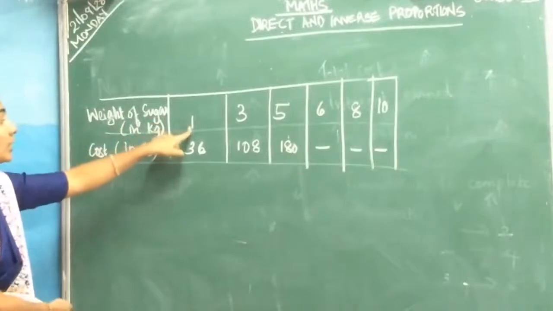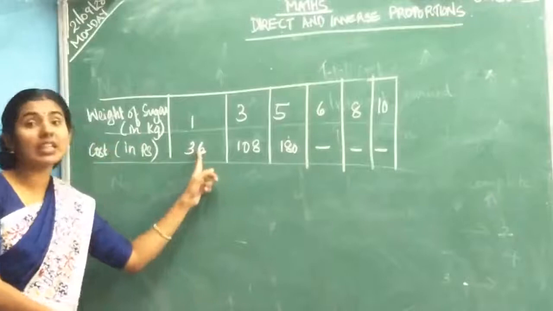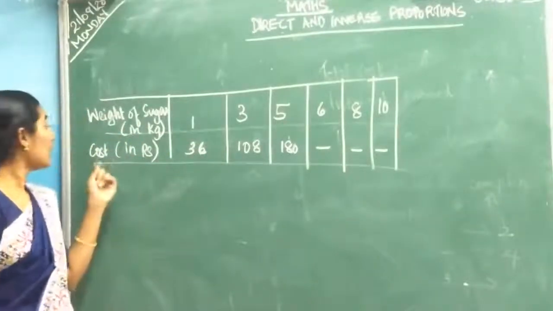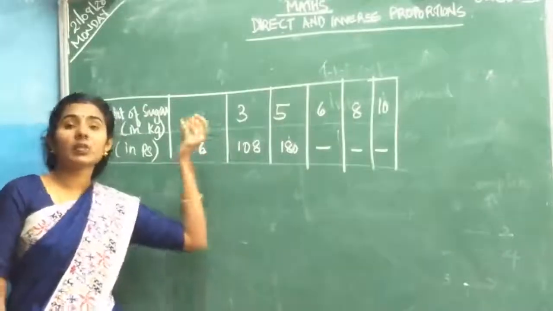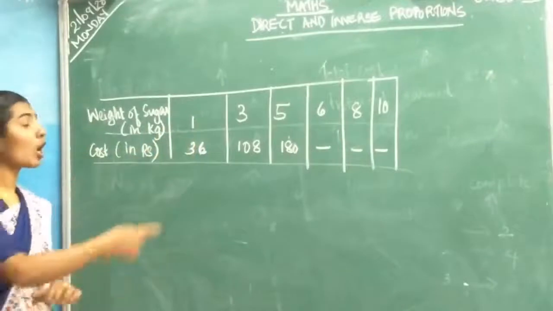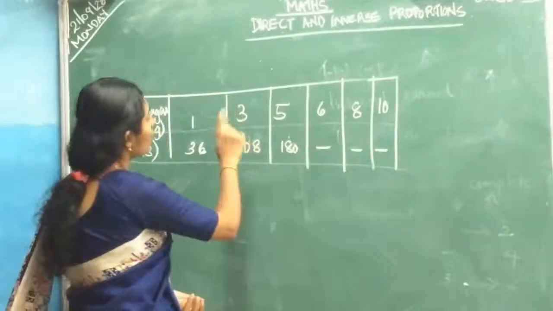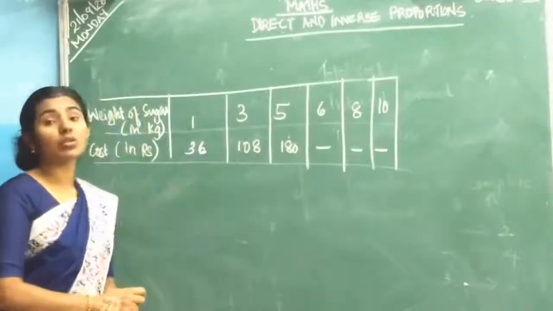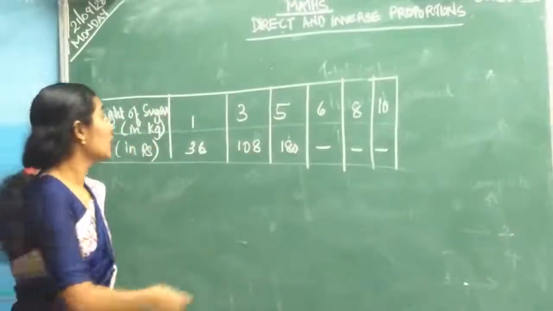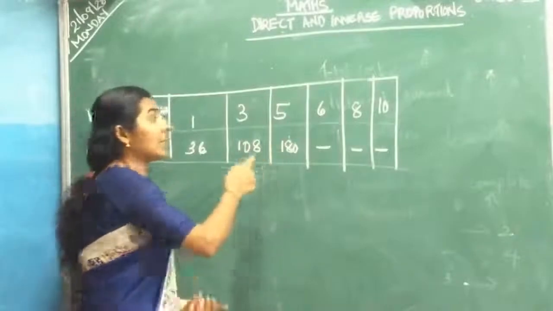For 1 kilogram of sugar, how much cost is given? The cost is 36. Again, the first row gives the weight of sugar, and the second row gives the corresponding cost. For 3 kilogram of sugar, how much is the cost? 108. For 5 kilogram of sugar, the cost is 180.